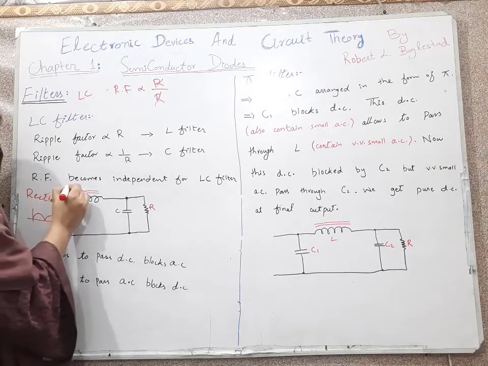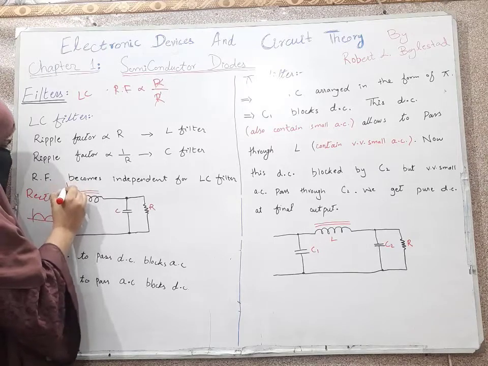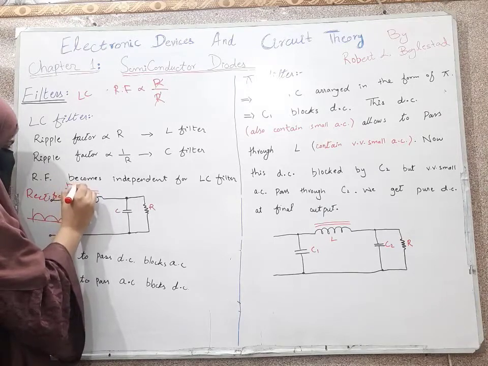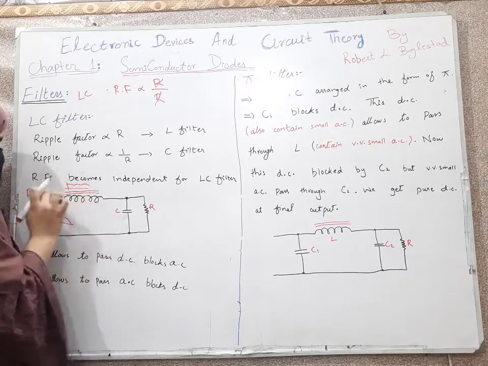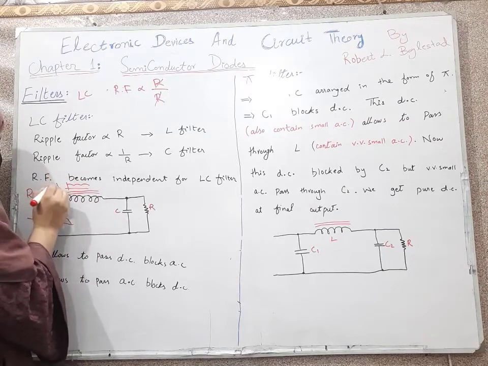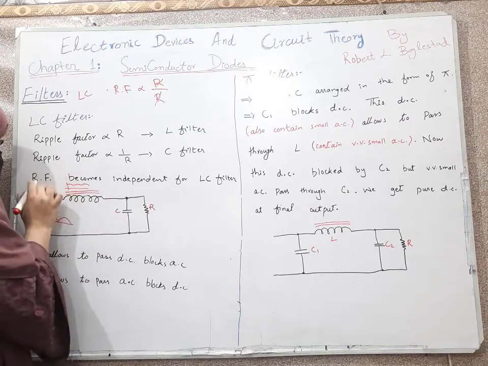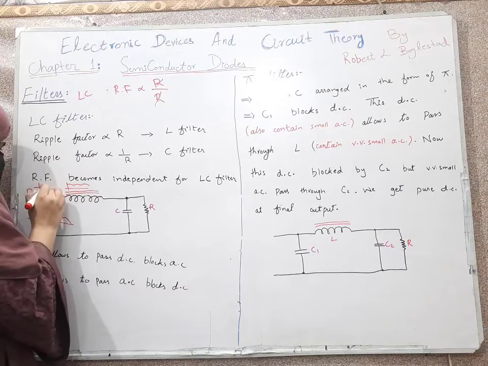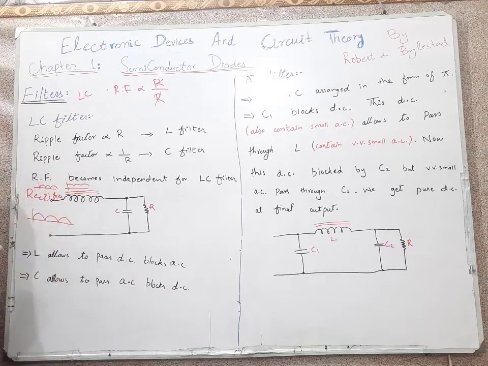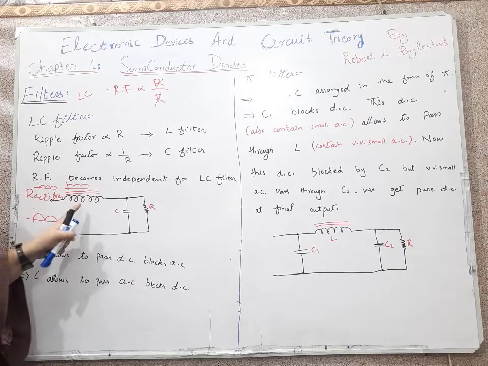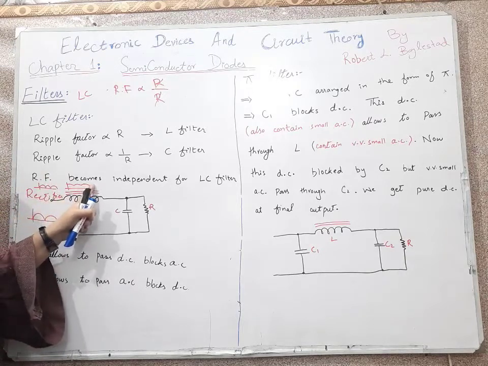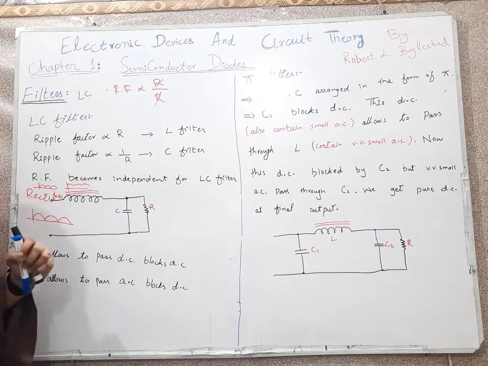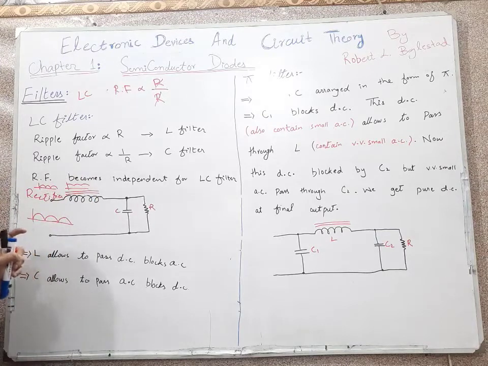So DC components like this will be passed from here, and AC components will be blocked here. These AC components will be blocked here, and the DC component will pass through the inductor. But this DC will contain a small amount of AC components.